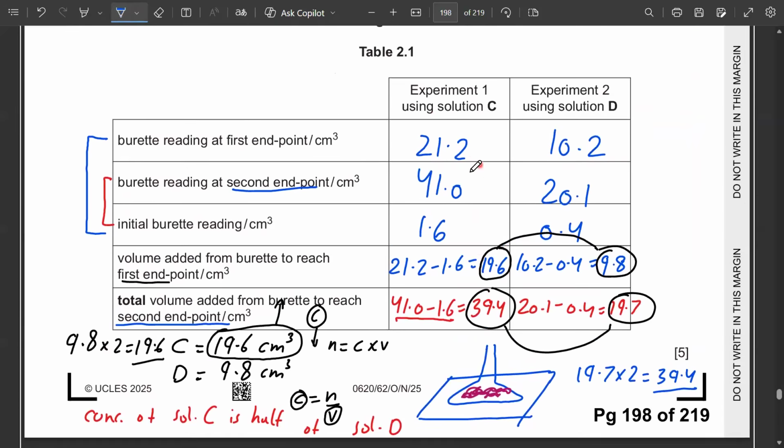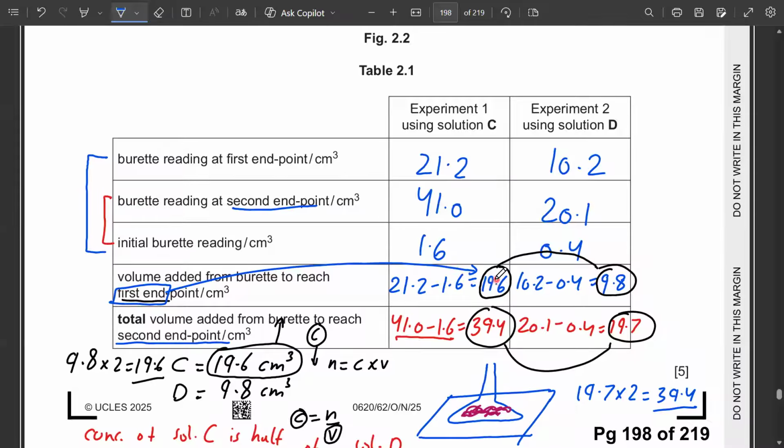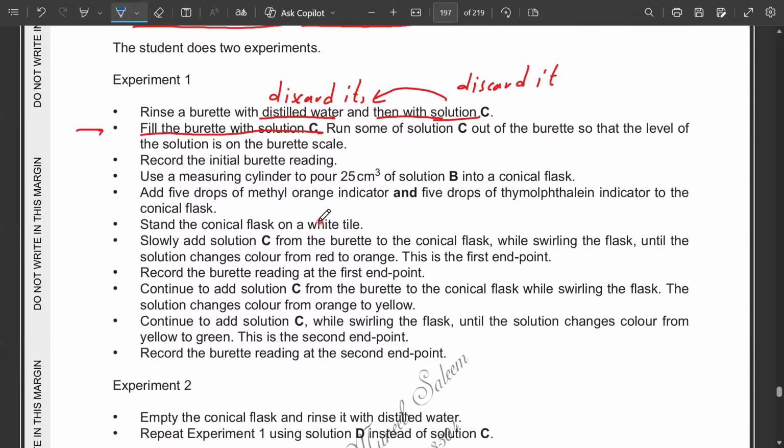This is the first endpoint, and the volume used was 19.6 cm cube. Now this 19.6 cm cube was calculated when we used 25 cm cube of the solution B.